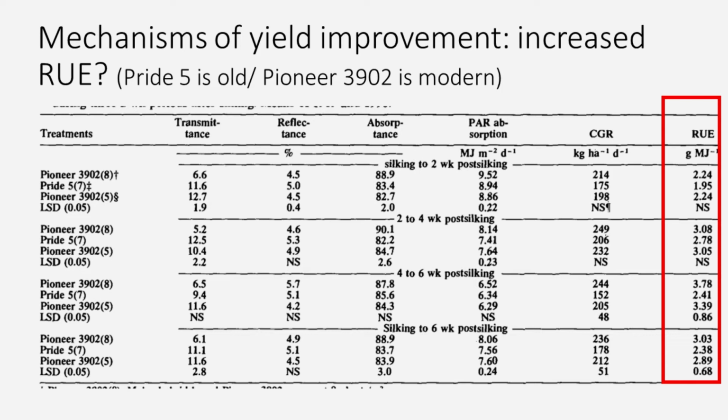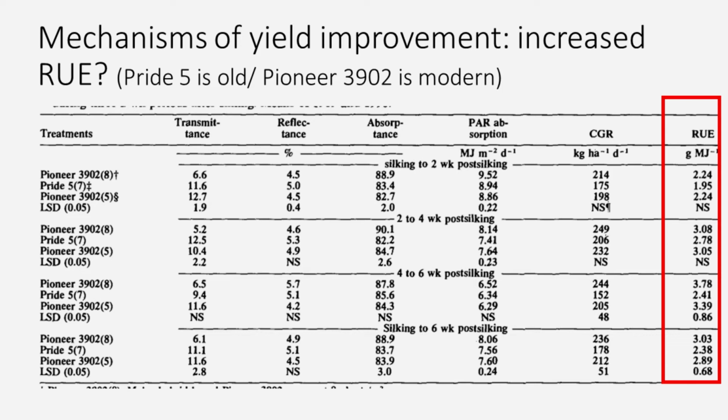Okay, so what Tolinar did was measure radiation use efficiency at different periods after silking, or pollination. So from silking to 2 weeks post-silking, 2 to 4 weeks, 4 to 6 weeks, and then over the whole post-silking period, from silking to 6 weeks after silking. And looking at radiation use efficiency, we can see there was a significant increase between the older Pride 5 and the newer Pioneer hybrid.